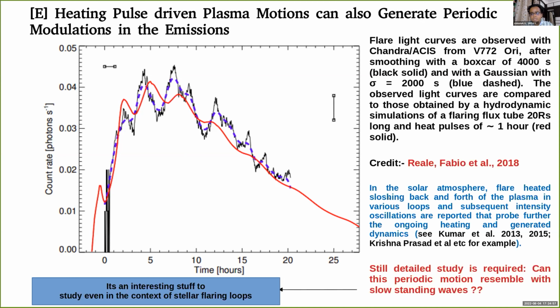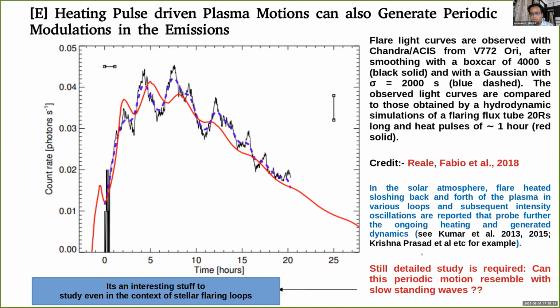So what is this basically? It is very similar to the observations and models showing that in the solar atmosphere, flare heated sloshing back and forth of the plasma in various loops are there, and subsequent intensity oscillations are reported and probed further, with ongoing heating and generated dynamics, by different workers.